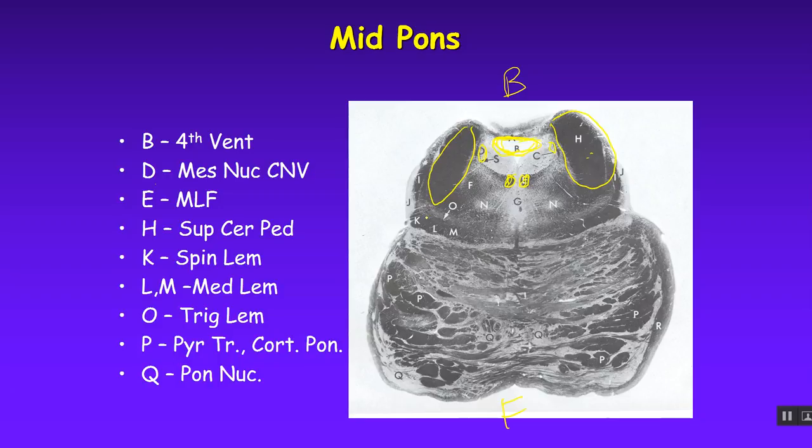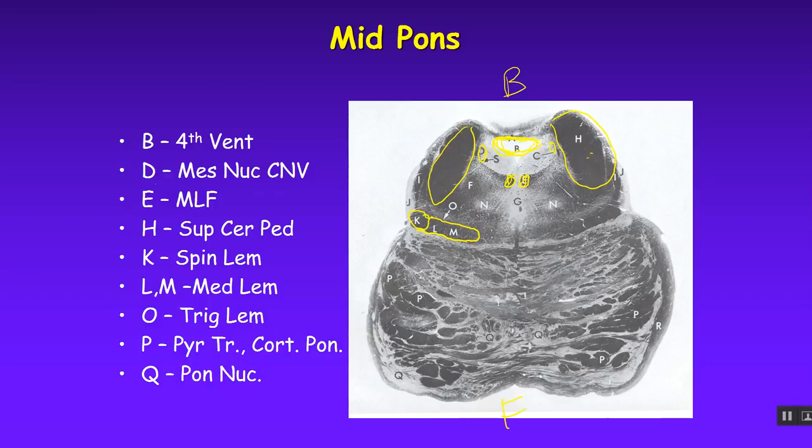K is the spinal lemniscus, okay? And L and M are the medial lemniscus. Because remember, we're down in the medulla. Remember this, the medial lemniscus, after they cross over, they start in this more anterior-posterior arrangement. Then they twist and move more laterally, okay, as they go up into the pons. And they twist and get more of a medial lateral arrangement.